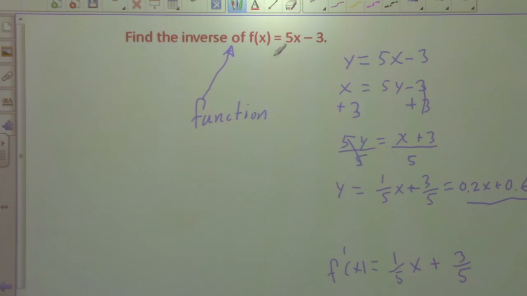But I had a good comment in 7th period. Steve-O asked the question, could you just leave it in this form here? You really could, right? But why would you go ahead and take the trouble to put it back in this form?